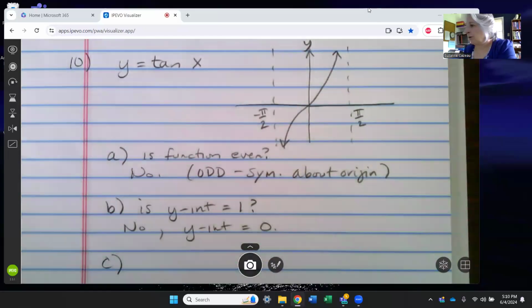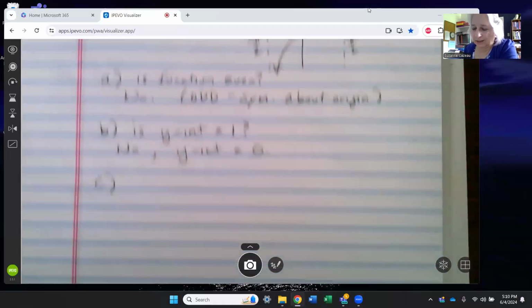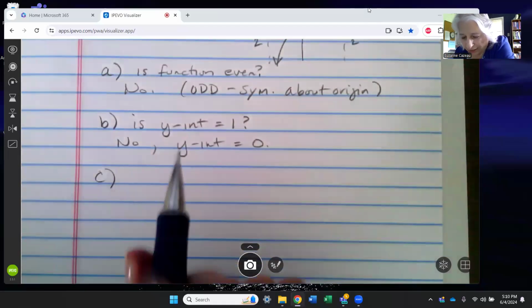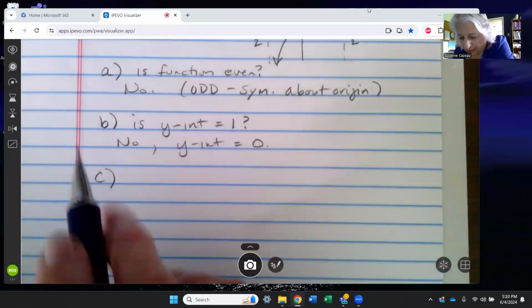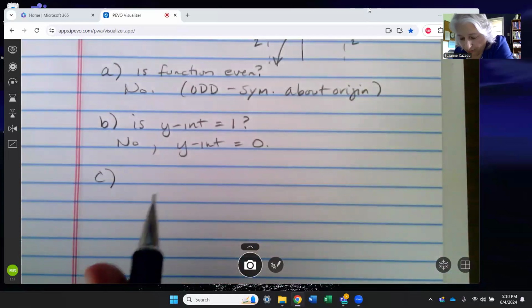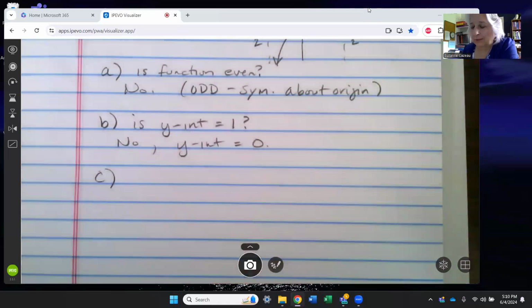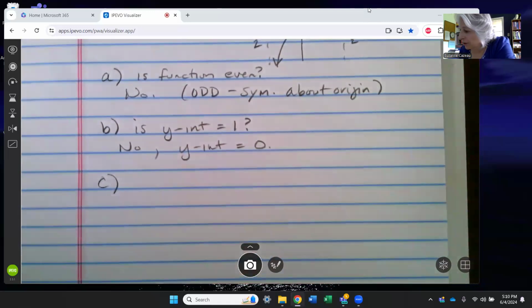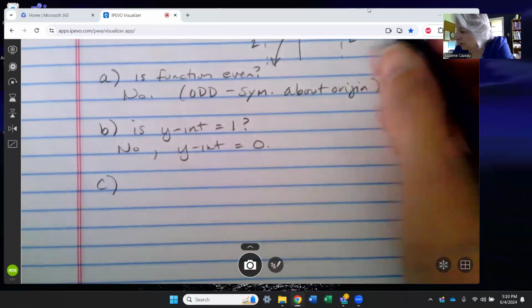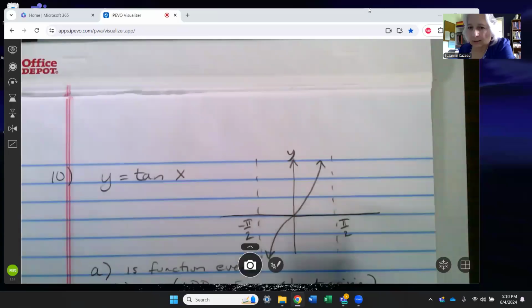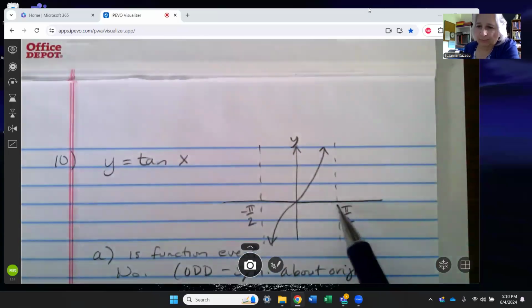Is the range, okay, they try to screw you up on these. It says, is the range all real numbers except odd integer multiples of pi over 2? Okay, so you got to be careful with these. Sometimes they'll say domain, sometimes they'll say range. But you know what? The domain of this function is going to be everything except multiples of pi over 2.